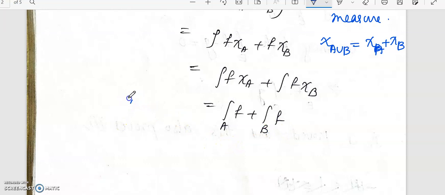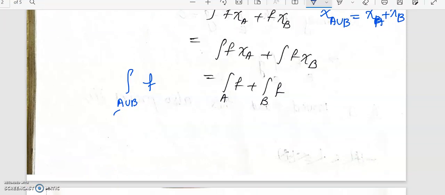So integral over A union B of f is equal to integral over A plus integral over B, provided the two sets are disjoint, and they must have a finite measure. So that completes the proof of the proposition.